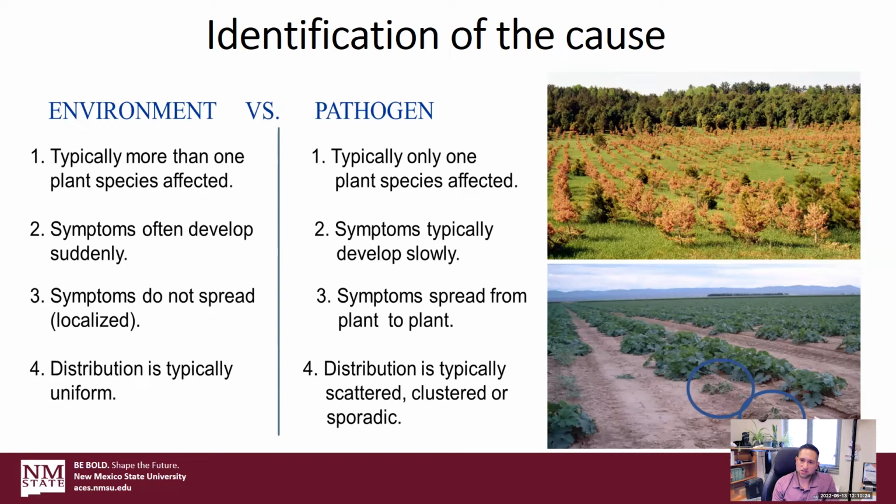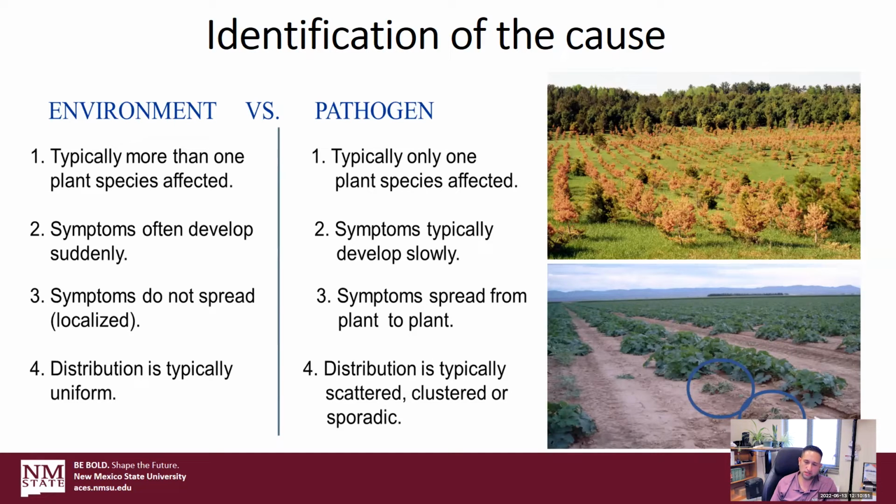Now, for a pathogen, typically only one plant species is affected. And then the symptoms typically develop pretty slowly. So you're going to see that develop over time. It's not going to be very sudden, versus the environmental or cultural problems. And then the symptoms can spread from plant to plant.